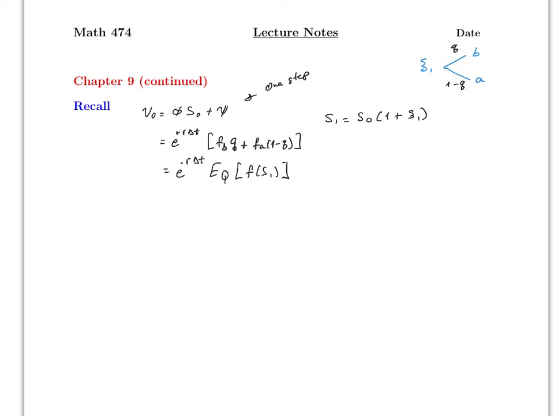Now notice that the expected value with respect to Q, by the way, the probability Q is also what we call a measure. So the expected value with respect to the measure Q of C1 by definition is just a times 1 minus q plus b times q, because it has these two values and these are the corresponding probabilities.